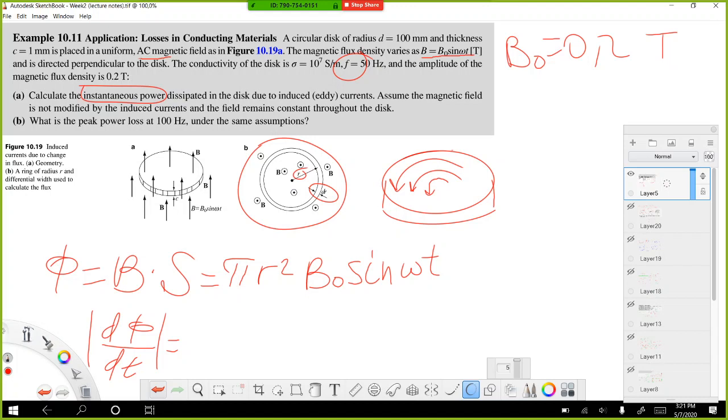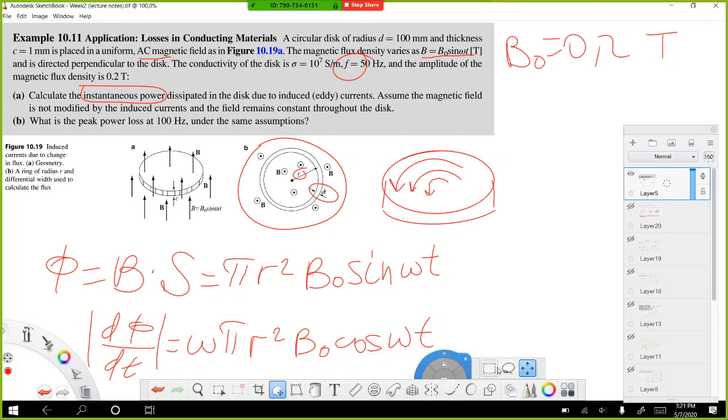I'm taking the modulus of dphi over dt because now I'm interested only in the value of the electromotive force, not in the direction or in the sign of the electromotive force. So dphi over dt will be omega π r squared B0 cosine omega t.